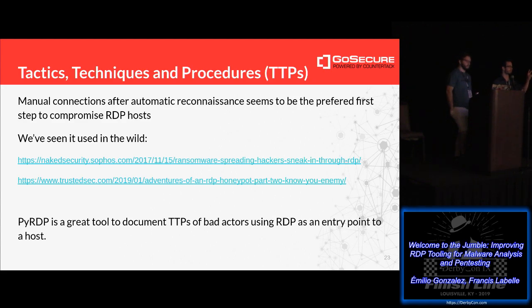The first one describes a wave of ransomware attacks where credentials would get brute forced automatically, and then someone would manually connect later and, quote unquote, cleanly infect a machine with ransomware by deleting backups and stuff. And the second article is by David Kennedy from TrustedSec, who built an RDP honeypot, and it's a 3-part blog post. I recommend you read them, it's really interesting.